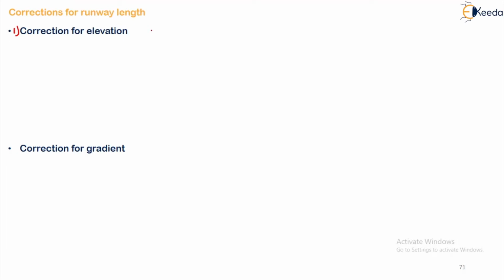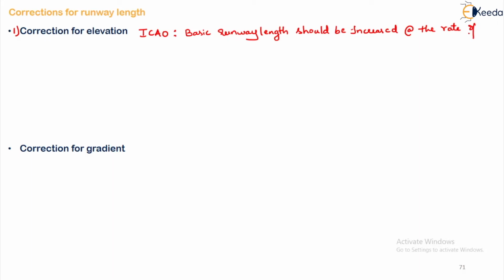Here, as per the recommendation of ICAO, the basic runway length should be increased at the rate of 7% per 300-meter rise in elevation of the airport above the mean sea level.